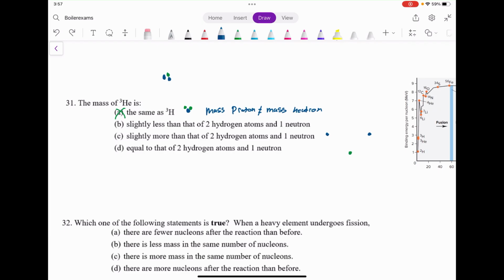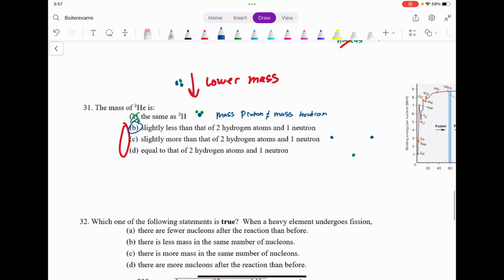And we know that when you do bind together nucleons to form a nucleus, you lower the mass, always. So this one has a lower mass than all 3 of these choices, which would leave us with B.